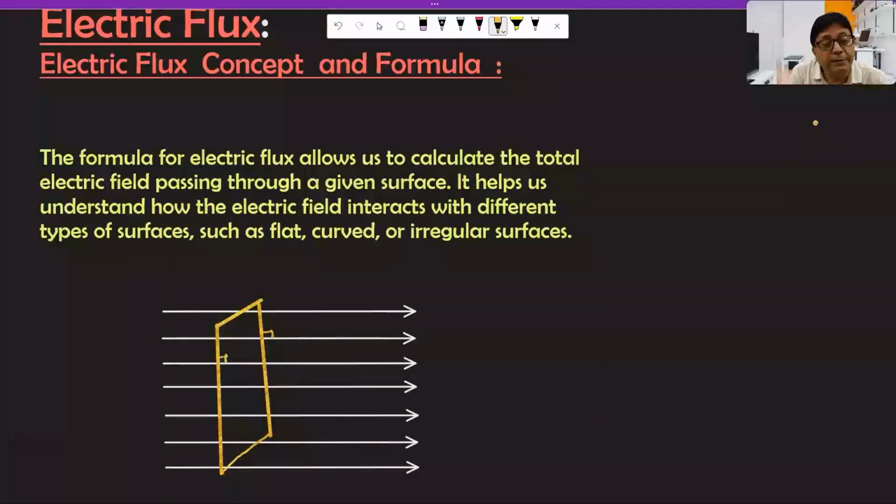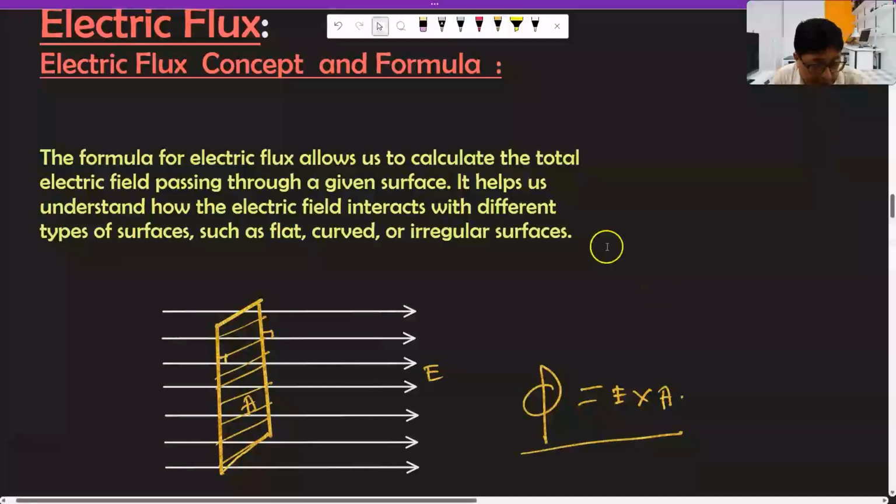If the strength of electric field is equal to E, and the area of this portion is equal to A, then electric flux is given by phi equal to E into A. This we have established by using the unitary method, because E is the number of lines of forces passing through unit area. So over this area, the number of lines of forces passing is equal to E into A.